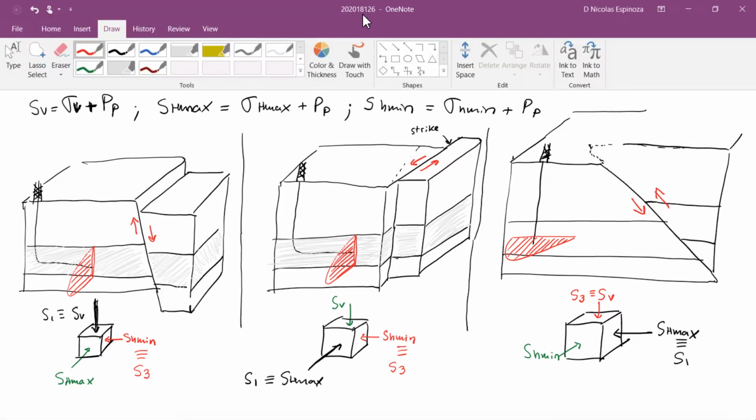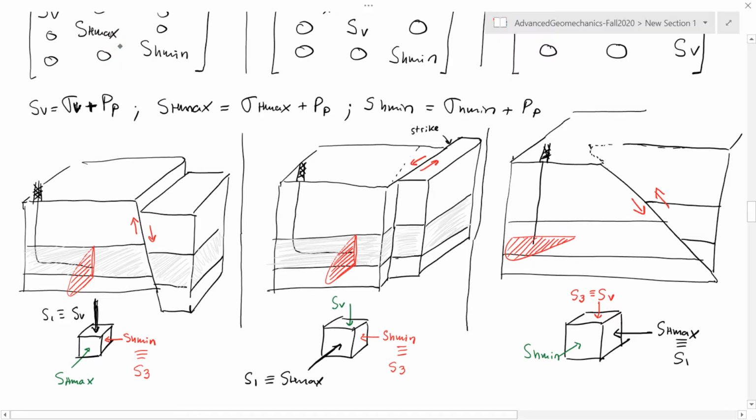You may wonder why this is the case, and it's a little bit easier to see it in this particular plot. This is because of SH max. Notice that SH max is the highest. So when it pushes and compresses the subsurface, it's going to make these fractures which are somehow contracting the subsurface.